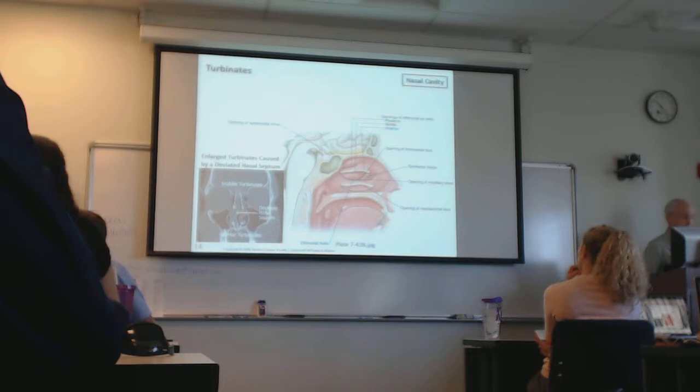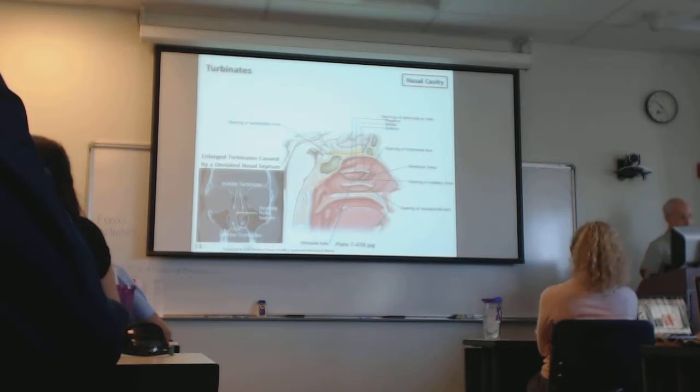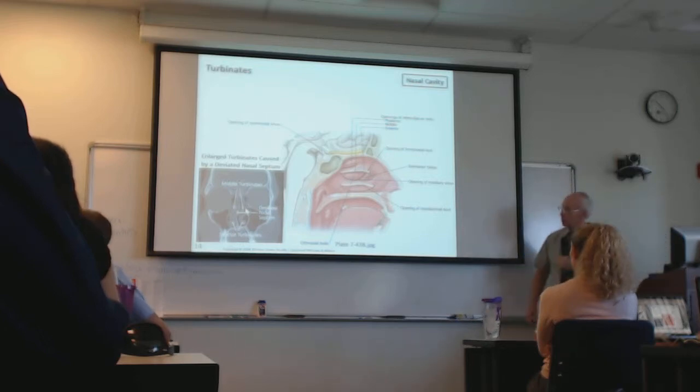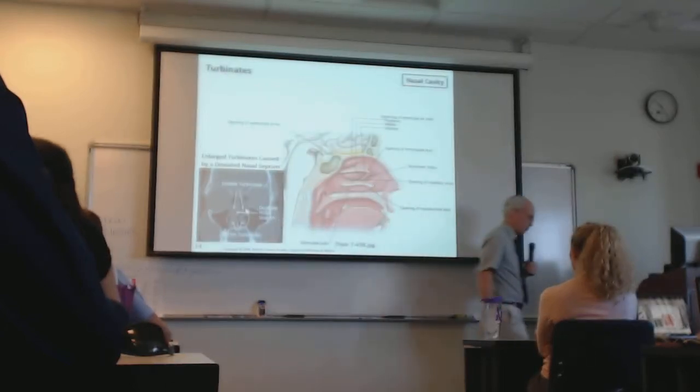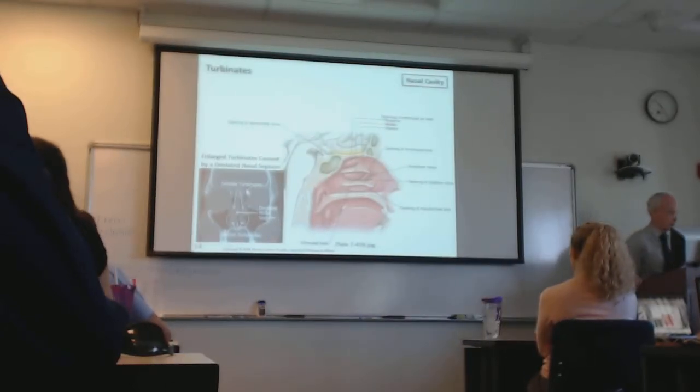And by the way, over here you see a deviated nasal septum and how that shows up in this radiographic image. So you might ask yourself, would this person have symptoms? Would this result in chronic and persistent symptoms with respect to their ability to breathe, the flow of air one side relative to the other?